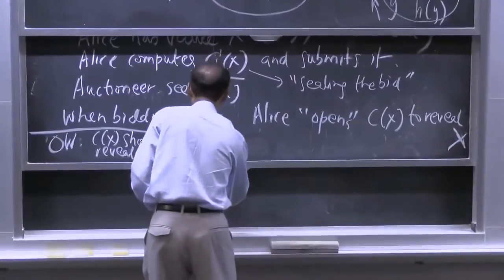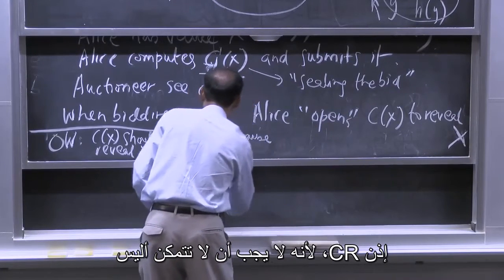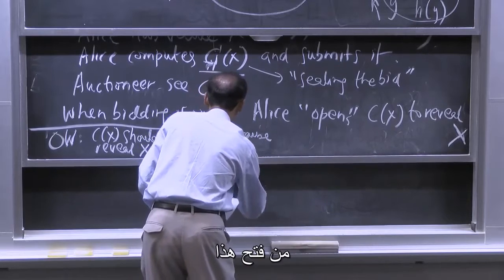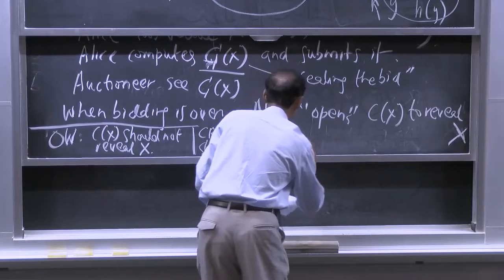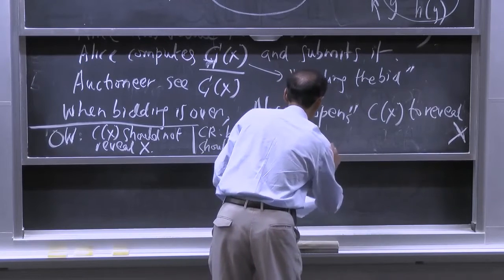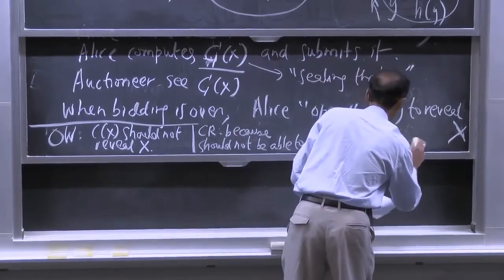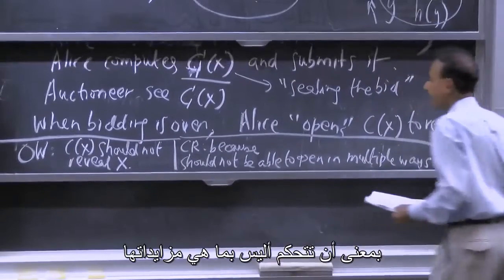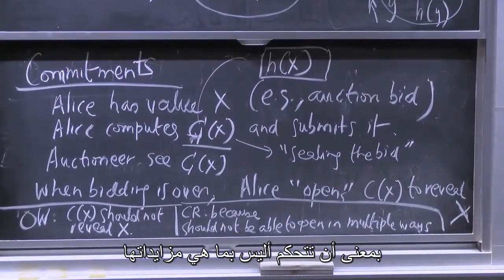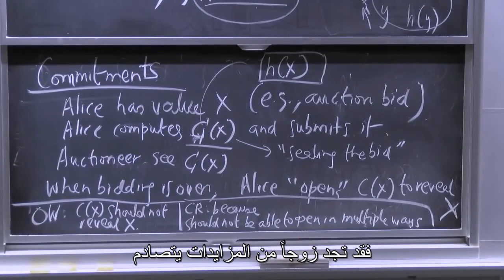So CR, because Alice should not be able to open this in multiple ways, right? And in this case, it's not TCR in the sense that Alice controls what her bids are. And so she might find a pair of bids that collide, correct?